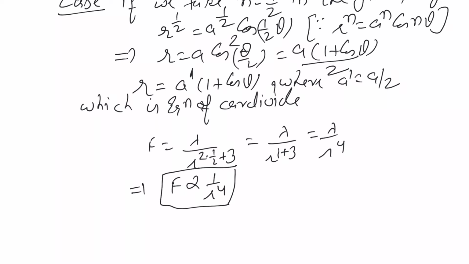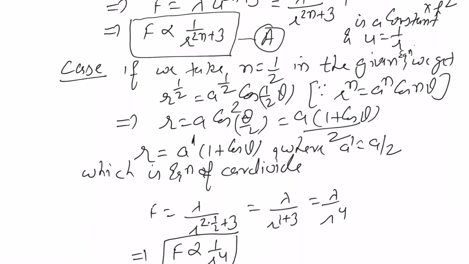Okay, now I will again discuss the problem. In this problem we were given the equation and we have to find the law of the force. That we have done through that particular equation a, and then we have substituted n is equal to 1 by 2. Then we saw that this equation is representing the cardioid.